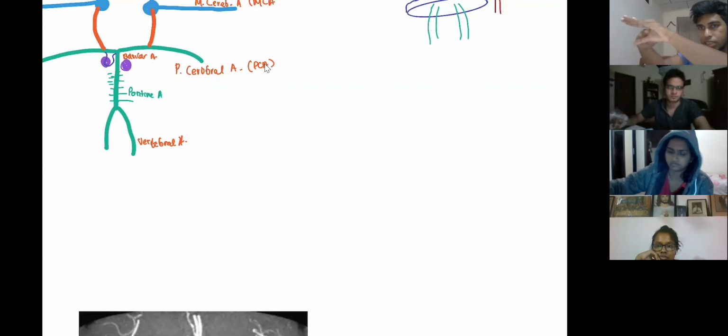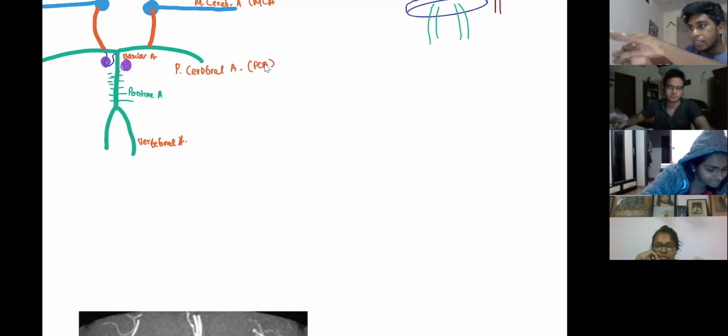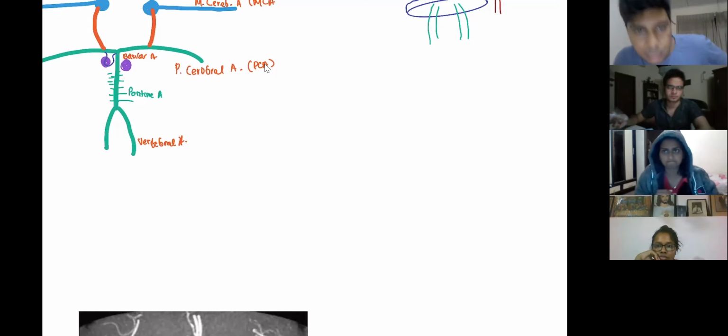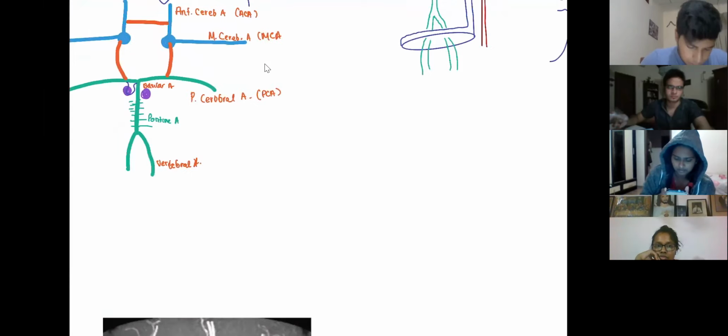Okay, it goes this way like this and comes out from the other side and supplies this aspect. Okay, the anterior cerebral artery comes and supplies this aspect. Wait, I think it's better if I draw it in a diagram. So I will come back to that.